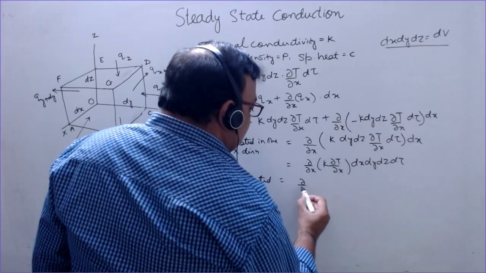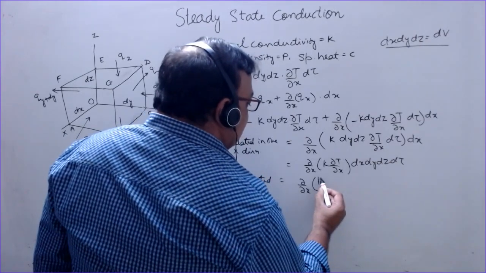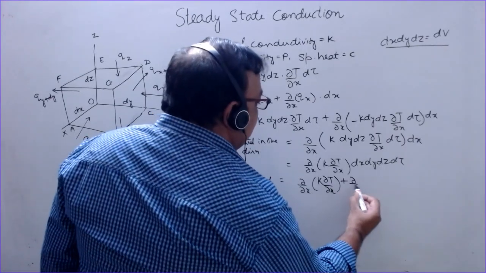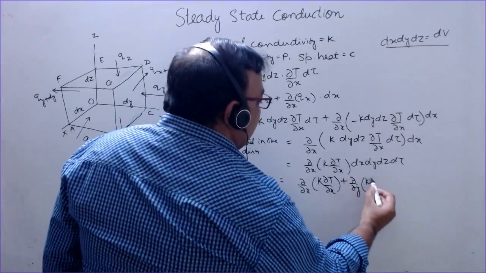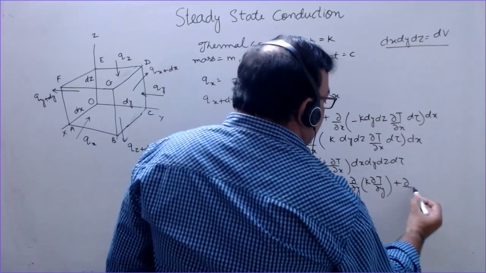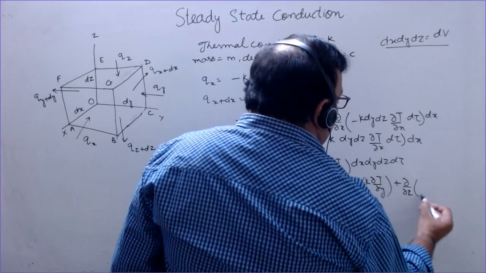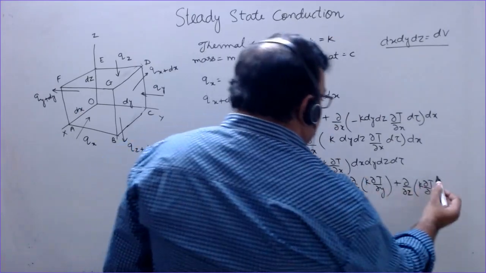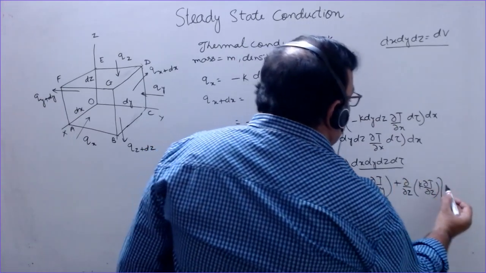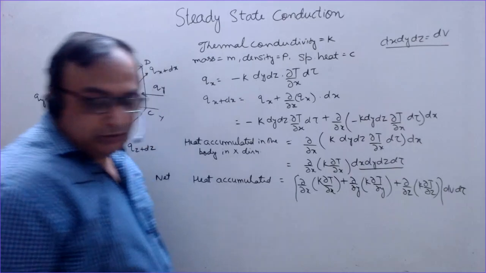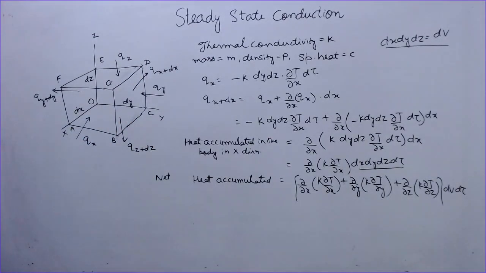So this is equal to del by del x k del T by del x plus del by del y k del T by del y plus del by del z k del T by del z, and the remaining term will be common, dV into d tau. So this is the expression for net heat retained.